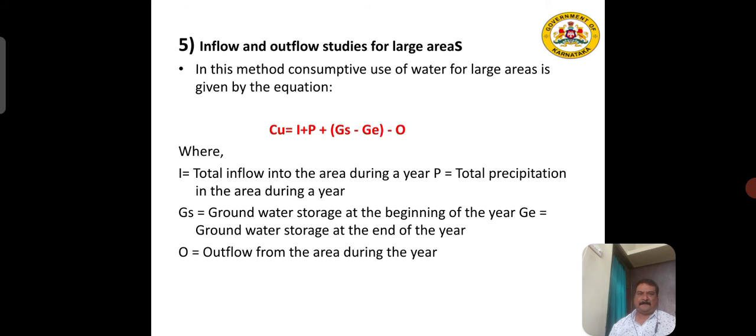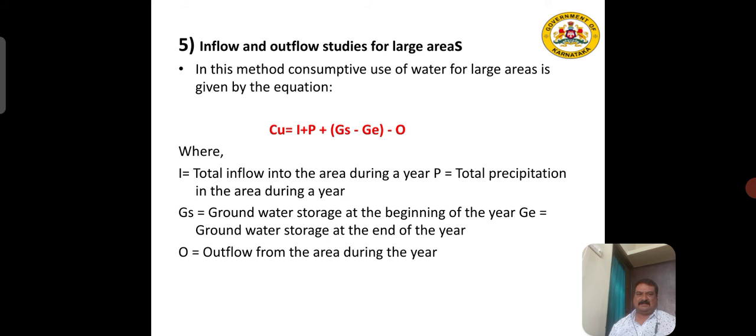These are the five direct measurement methods for the evapotranspiration. First method is soil moisture studies on the plot.